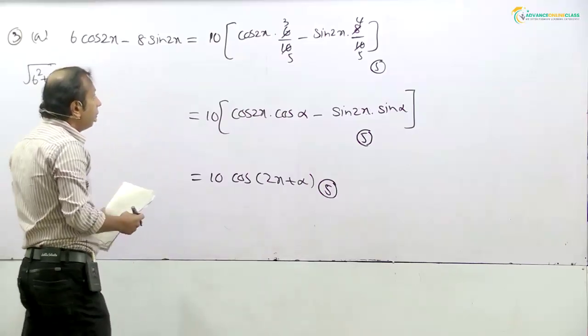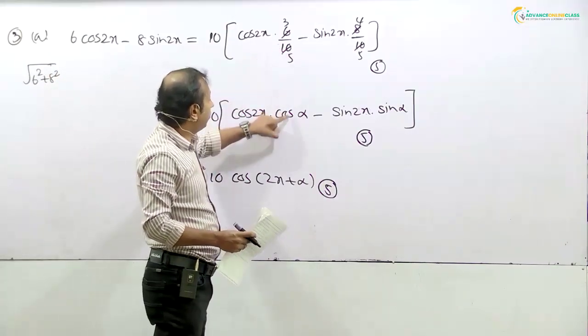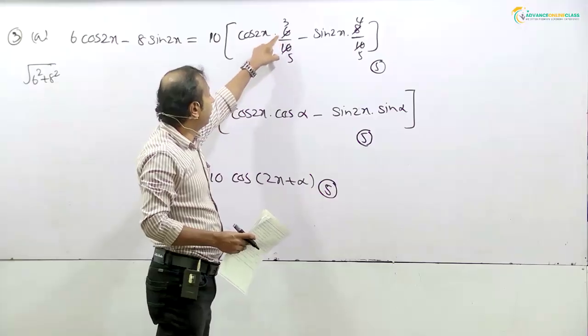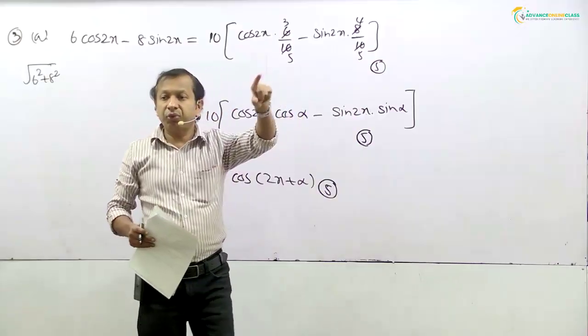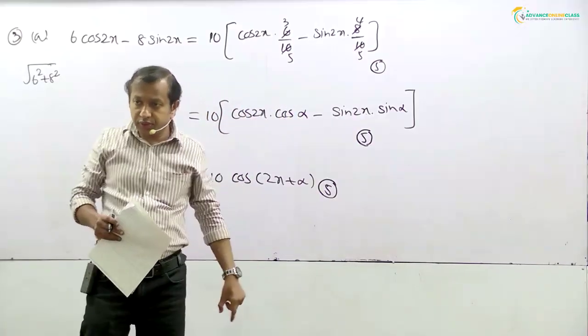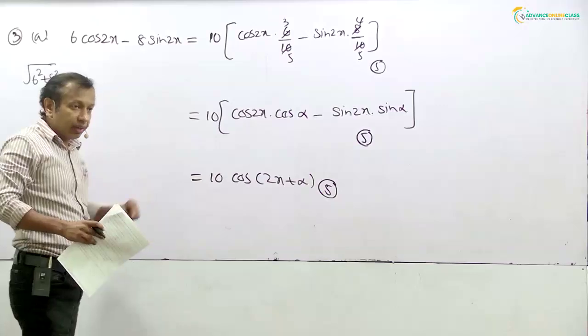Here, cos alpha is positive. Cos alpha is 3 by 5, and sin alpha is also positive. Cos and sin both positive, so in what quadrant? First quadrant. First quadrant means alpha should be less than 90 degrees.